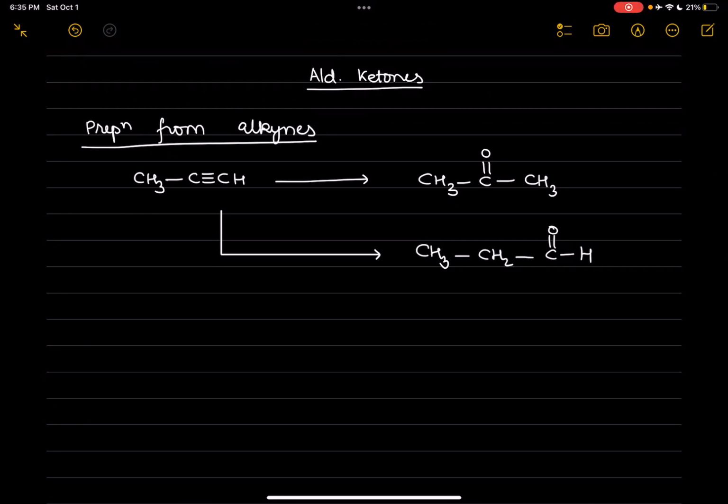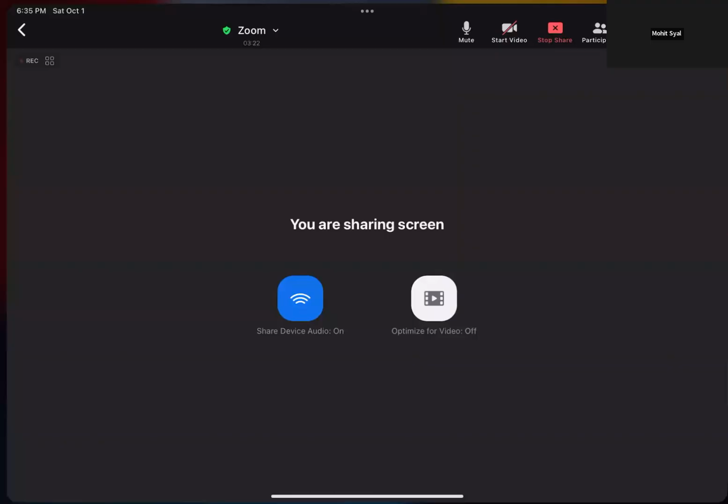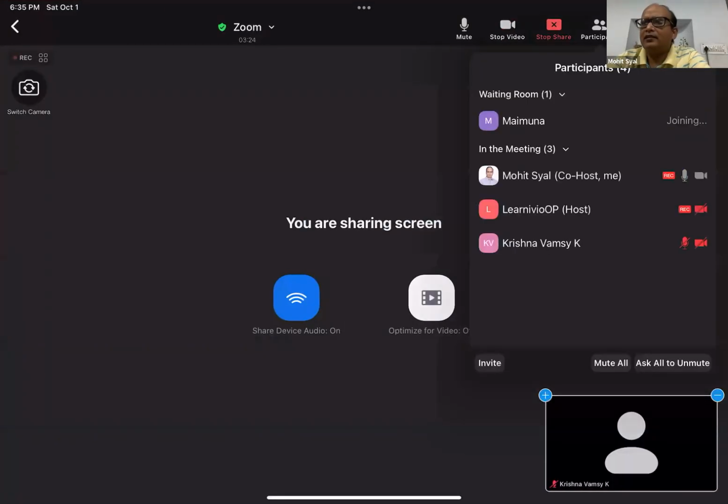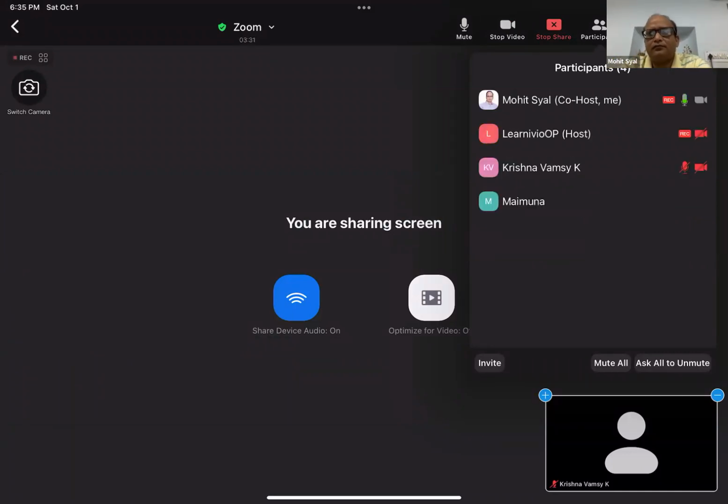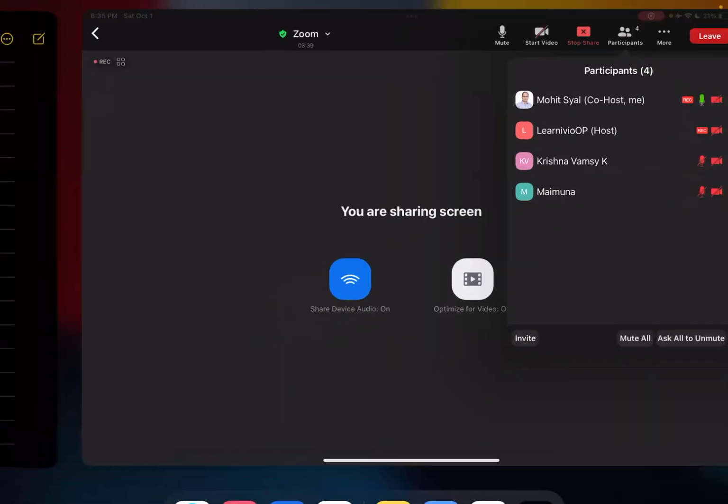So the preparation of aldehyde and ketone from alkynes is actually acid catalyzed hydration of alkynes. You take alkynes and you add water to it.